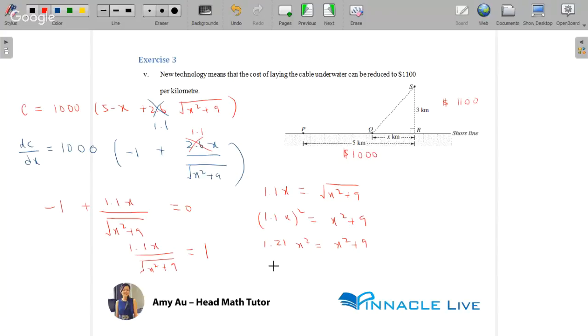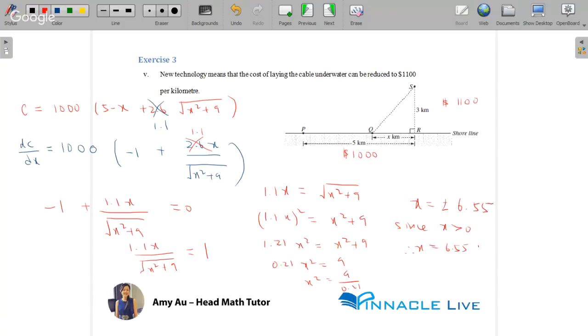Solving for x. So square root that, 9/0.21. It's not going to be a nice number, so it's about 6.55. All right, so same idea, since x should be positive, x is only 6.55.